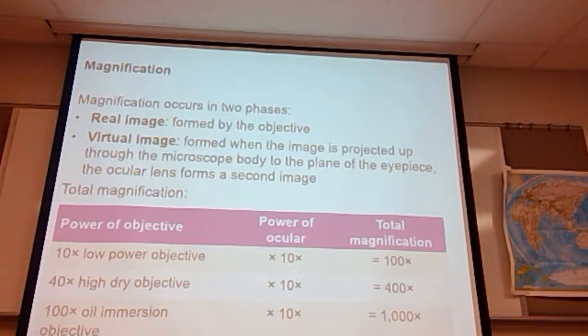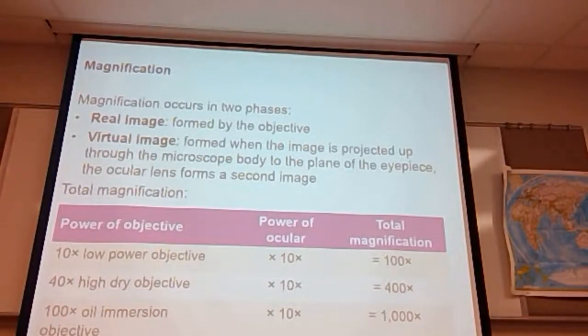The low power objective on every microscope I've ever worked with was a 10x objective. The high dry objective, again, almost always is going to be 40. Although those weird ones I had over at UALR that had the ocular power of 13 also had a high dry power of 43 for some reason. So 40 times 10, that's real easy math. 43 times 13, not so easy math.